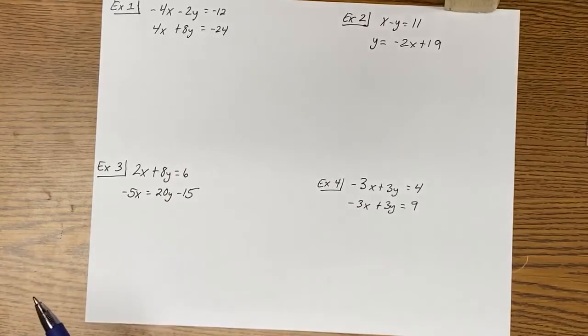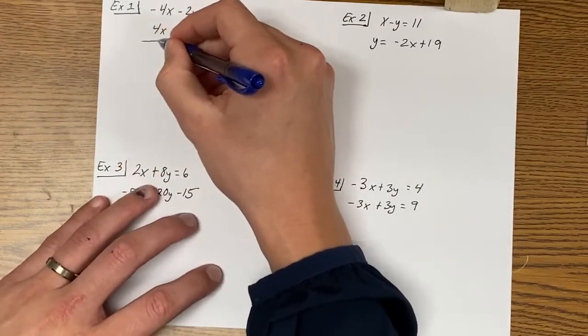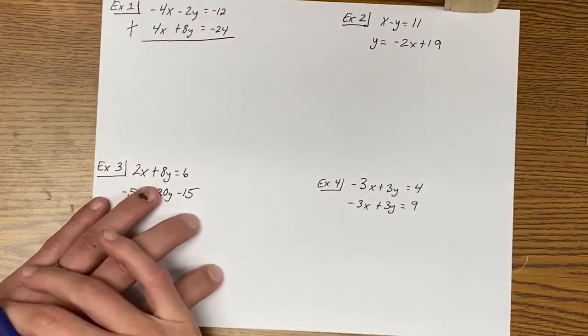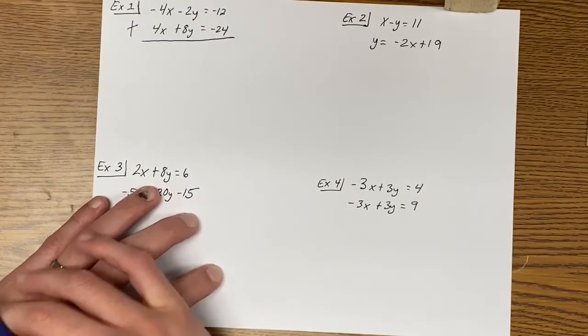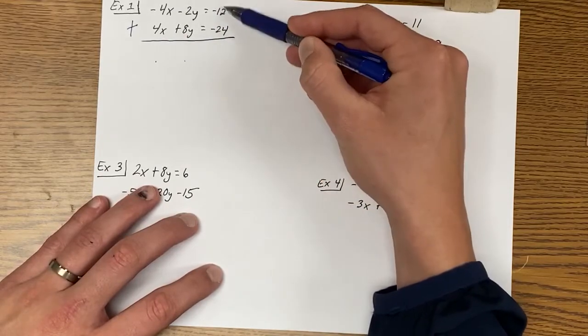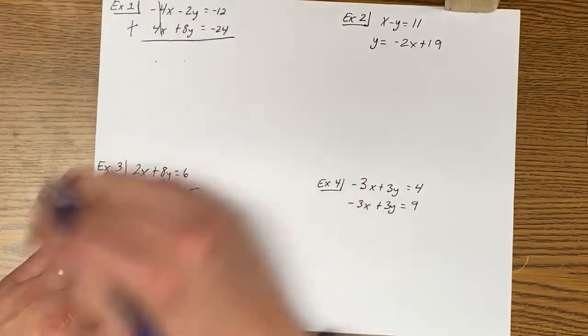We're going to determine which variable to eliminate by looking for opposites. So if I look here, I have a negative 4x, positive 4x. Those are opposites. So I like to start off by drawing a line under both equations, and I write a big plus sign out on the left. This tells me I'm going to add my x's together, add my y's together, add the constants together. So negative 4x, positive 4x, those cancel.